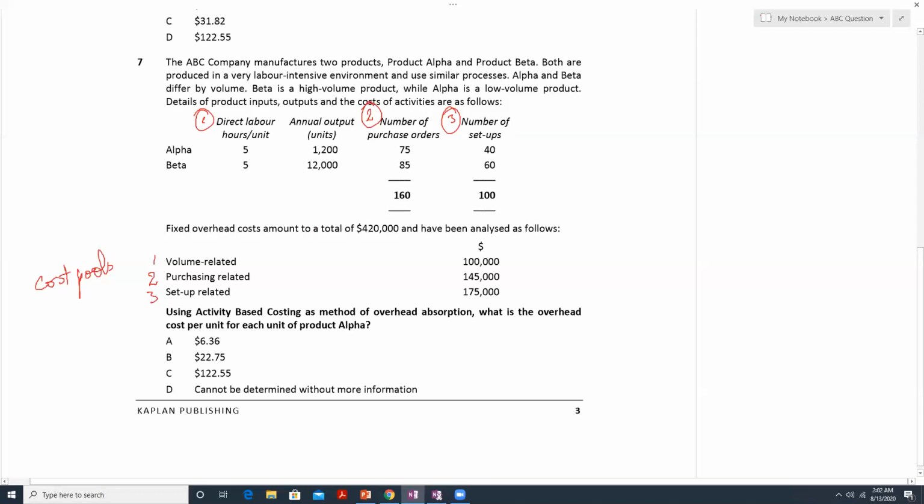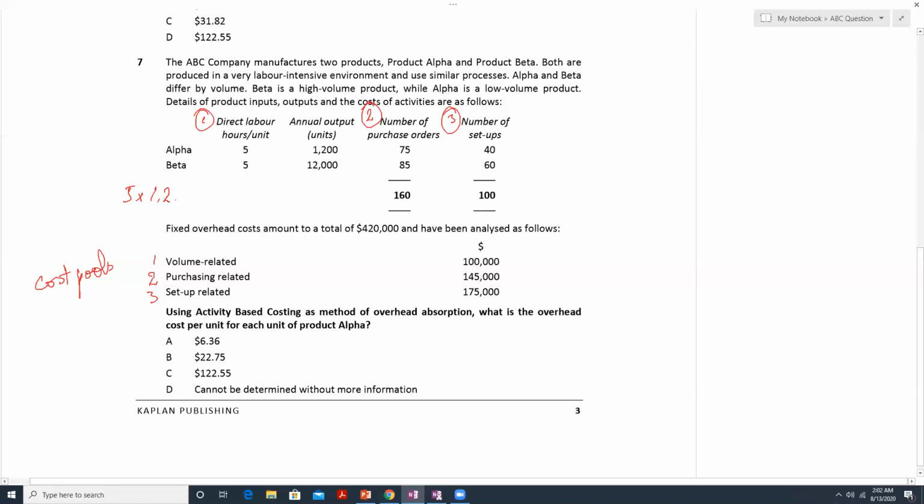First of all, the volume related overheads. As I said, the volume related overheads depend on direct labor hours, so we need to calculate the total number of direct labor hours. The annual output of alpha is 1200 units, and each unit of alpha takes 5 labor hours.